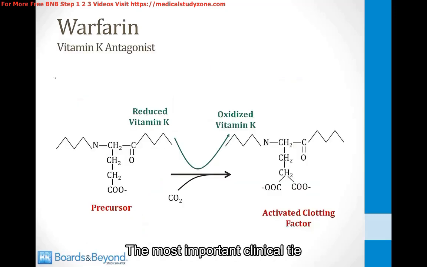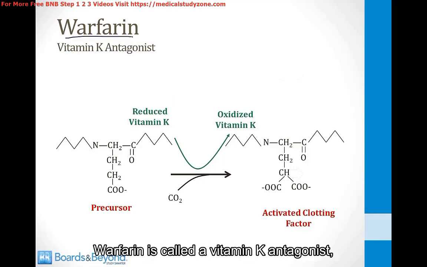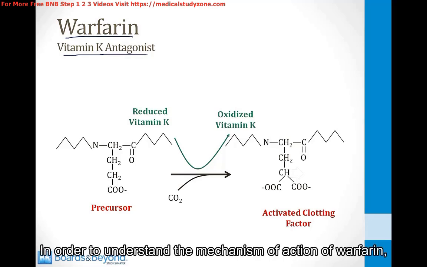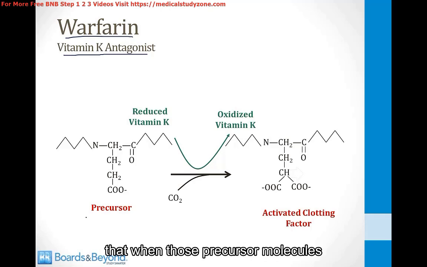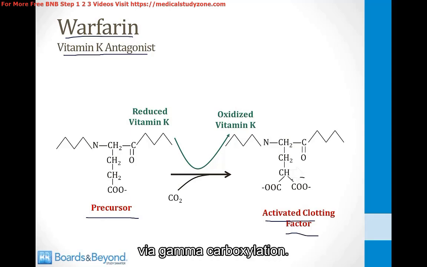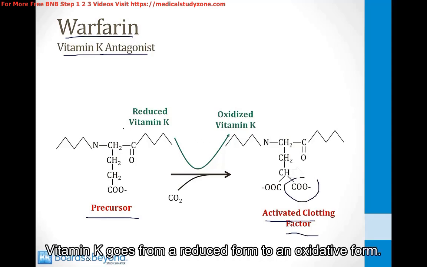The most important clinical tie-in of vitamin K biochemistry has to do with the drug warfarin. Warfarin is called a vitamin K antagonist, and it is given in the treatment of blood clotting disorders. In order to understand the mechanism of action of warfarin, you need to understand that when those precursor molecules are converted to activated clotting factors via gamma carboxylation, vitamin K goes from a reduced form to an oxidized form.